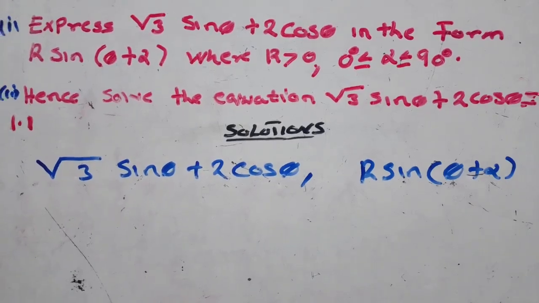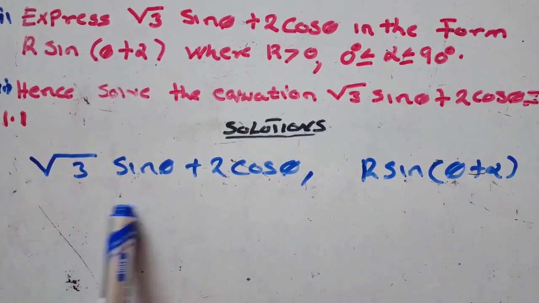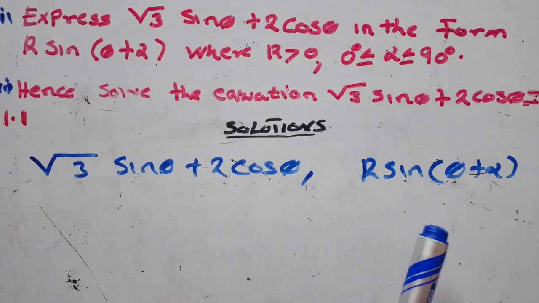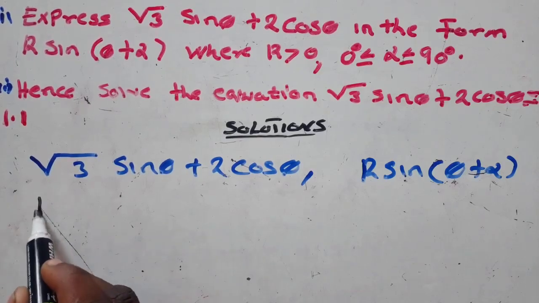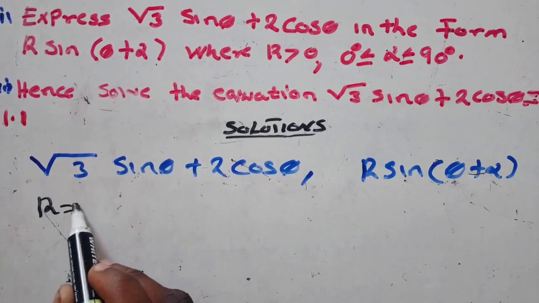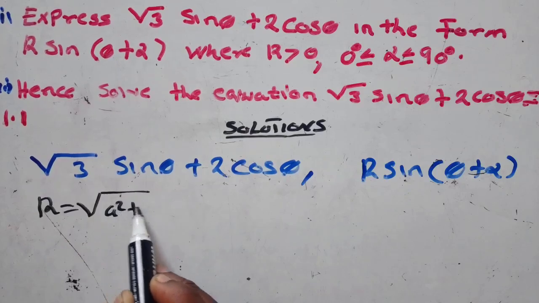Okay, so let's now proceed. So we have been taught to express this function in this form. So first of all, you need to find our r and the acute. You and I know that r is given by the formula root of a squared plus b squared.